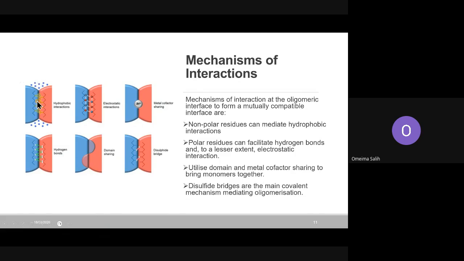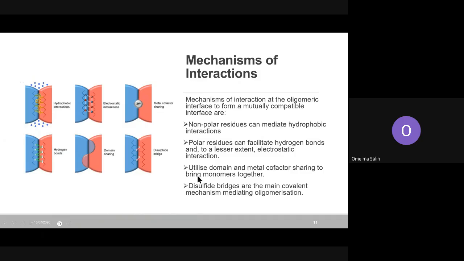That means they are repelling water, and so these are buried within the interface, and they are not accessible to the solvent. If those taking part in the interaction are polar residues, then this facilitates either electrostatic interactions like van der Waals interactions or hydrogen bonding. So it depends again on the side chain of the amino acid.